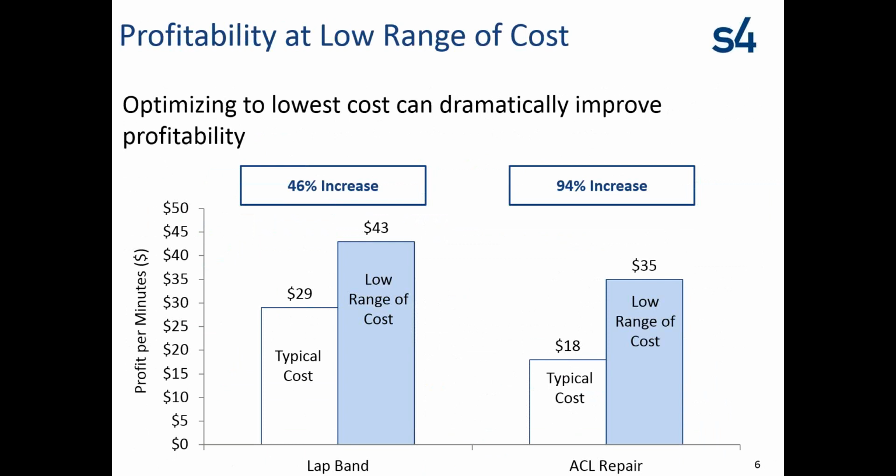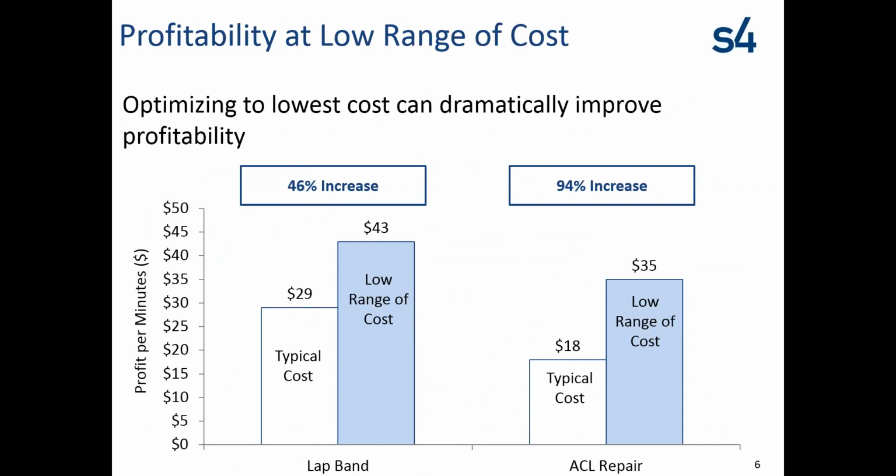This slide highlights the impact, in terms of profit per OR minute, of optimizing case costing. On the left, we have a typical lap band procedure, and we can see that the typical profit per case is about $29. If we optimize our cost, we can see that improve to as much as $43 per case, or a 46% increase.